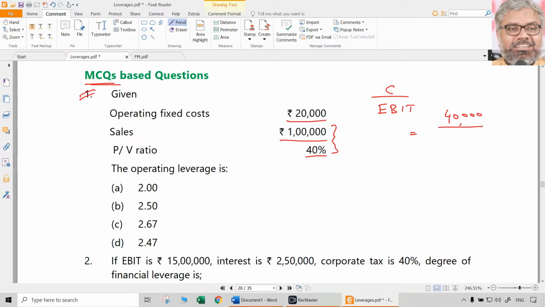So EBIT will be contribution minus fixed cost. So that will be 40,000 minus 20,000. That is 20,000. So naturally, operating leverage will be 2.